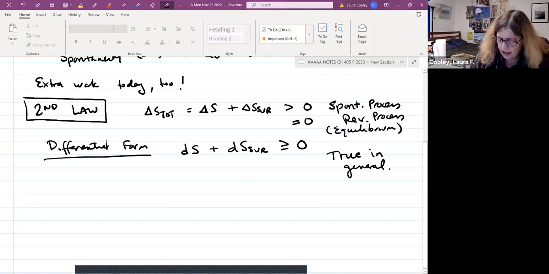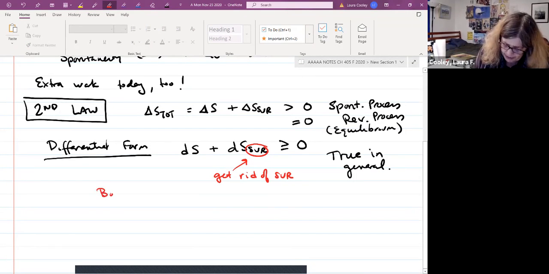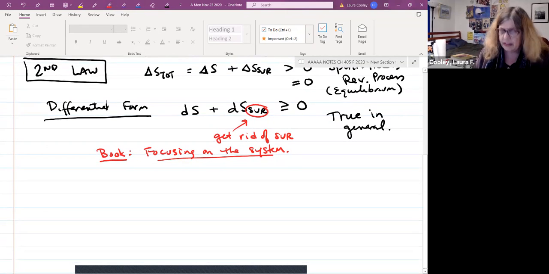So what we're going to do is work with this expression and try to take the surroundings out of the situation. We'll figure out what restrictions we can make to get rid of the surroundings. The book has a great section in the chapter called Focusing on the System. That's really what we're going to be doing with this derivation, at least part of it.